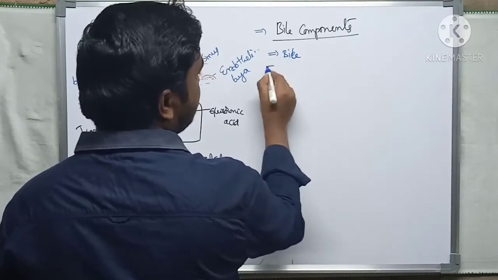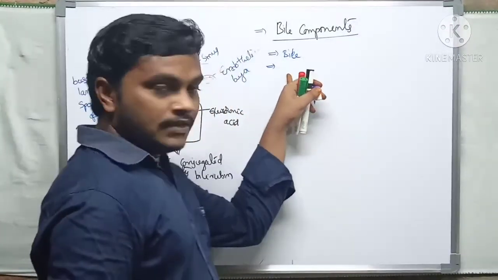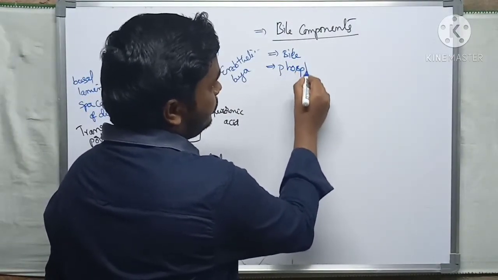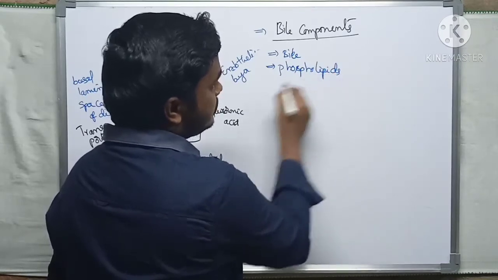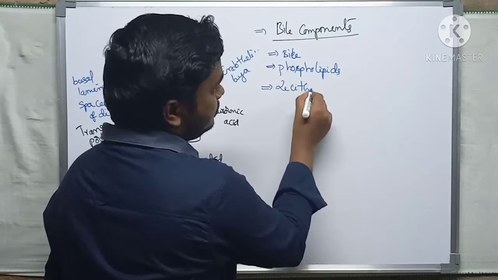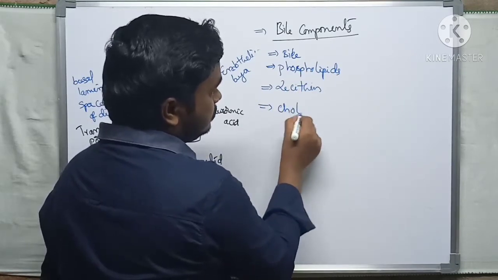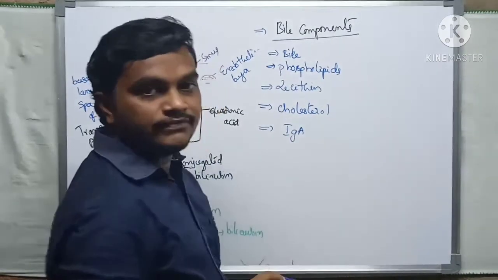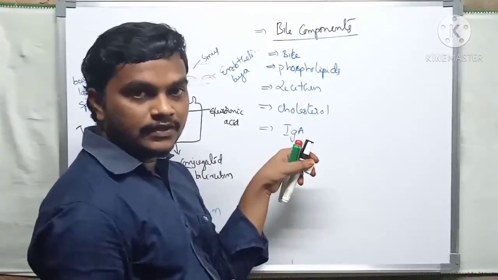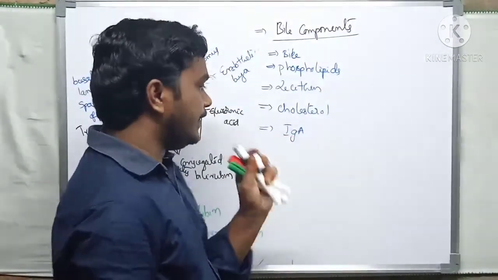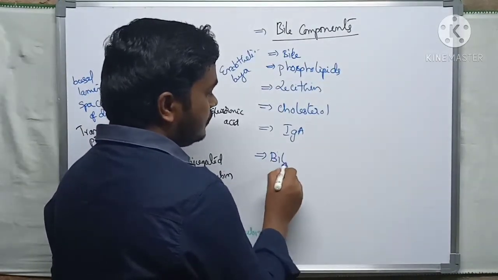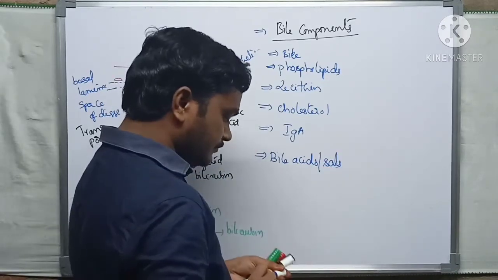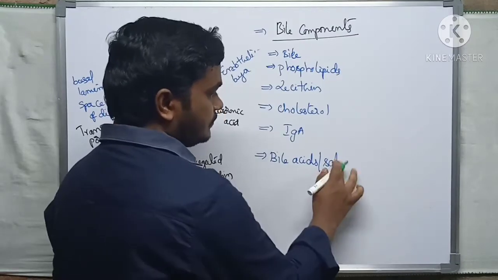Then the bile contains some phospholipids, then lecithin, cholesterol, immunoglobulin A for destruction of different types of chemicals and unwanted material, and also bile acids, bile salts. Those are bile acids or bile salts.